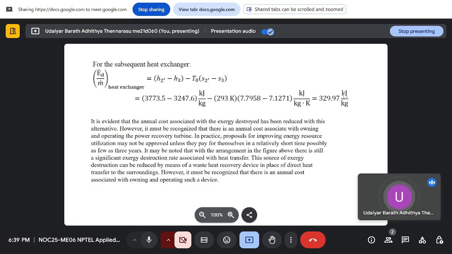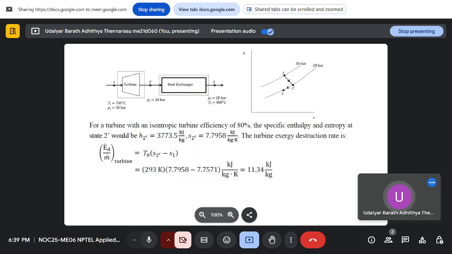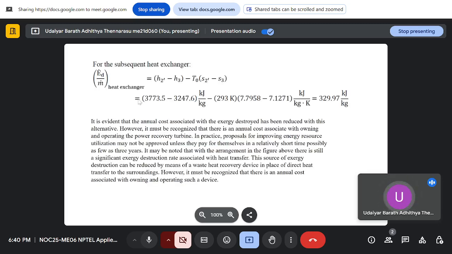But what is the consequence practically? If you see, a valve is a simpler device, there is no moving part, so it has greater reliability. Also a valve costs less compared to a turbine. So the initial capital cost for the turbine is more, so that comes into play. Then the return on investment, the other picture, comes into play.